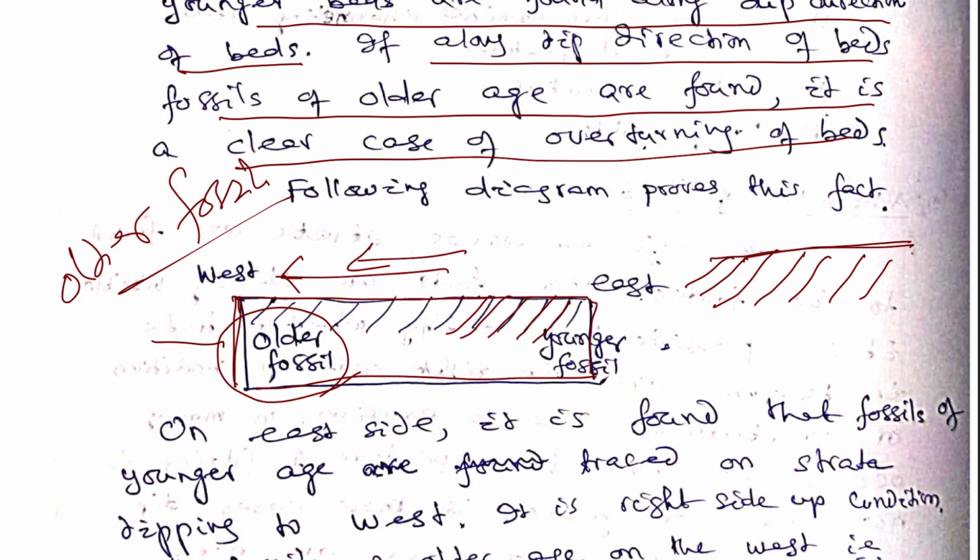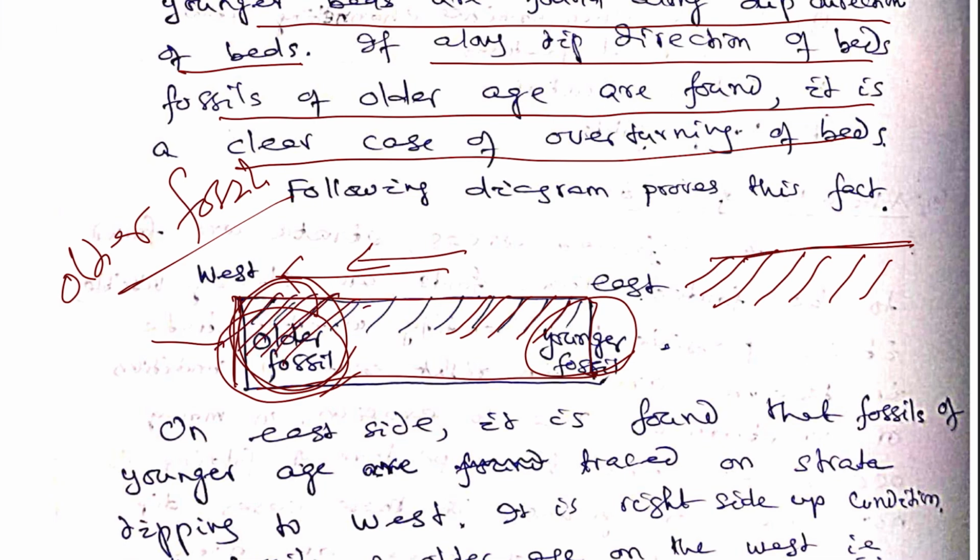So the age of the fossils is equal to the age of the stratum which contains it. Therefore, if we find older fossils at this site, and younger fossils at this site, it indicates that there has been a reversal of beds.